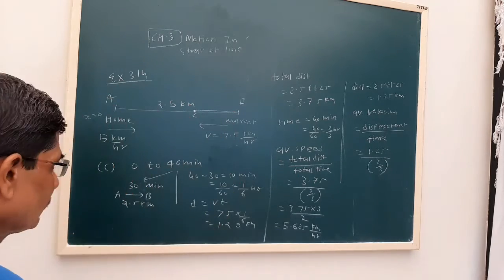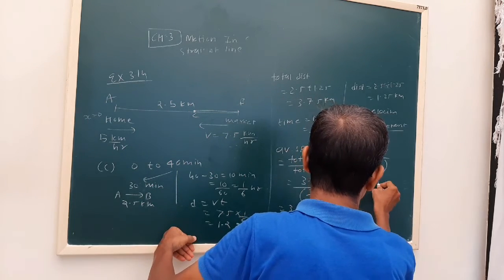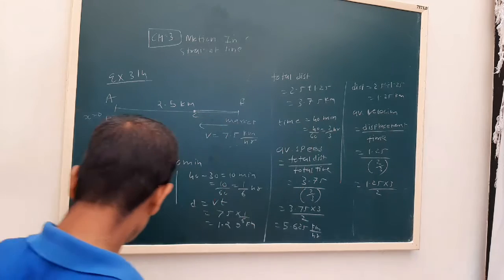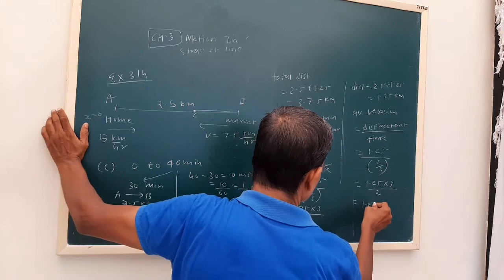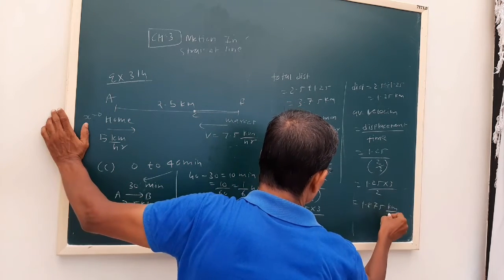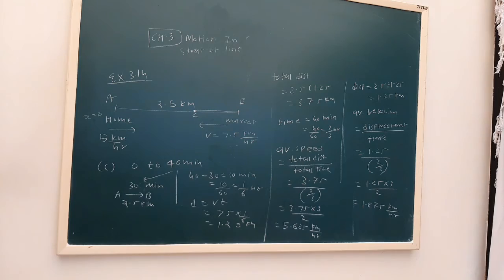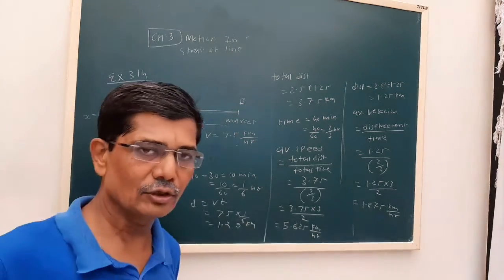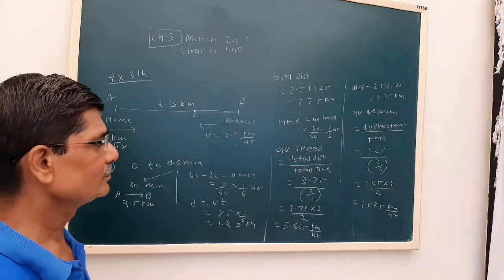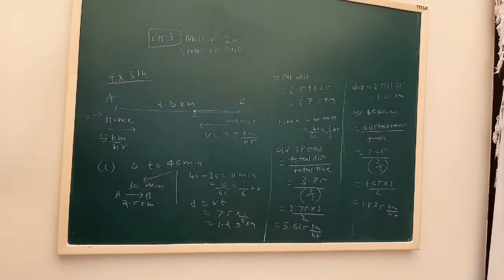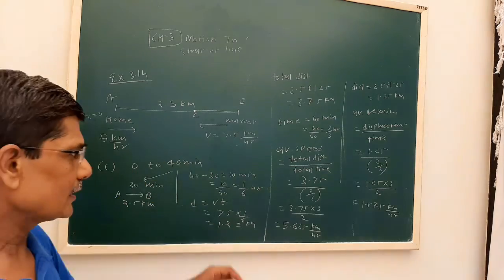Okay, that is 1.25. Okay, the book answer is given in fraction, so you can easily convert. So this is how we have calculated the average speed and velocity in the third time interval.